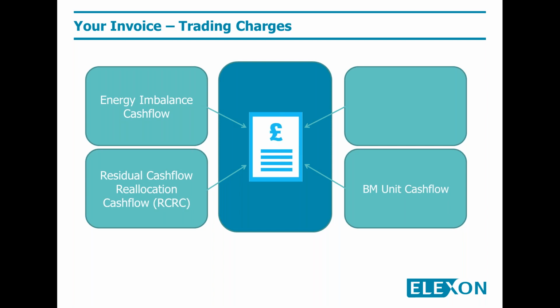That is therefore reallocated out to all the parties based on their volume in that particular half-hour period. And lastly, you may see what's called a BM unit non-delivery charge. This is for any accepted bids or offers that you have failed to deliver. So you'll be charged for those.